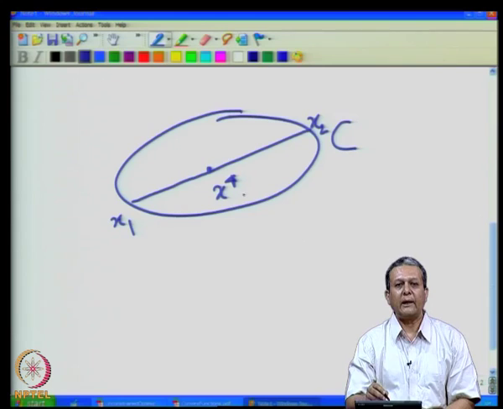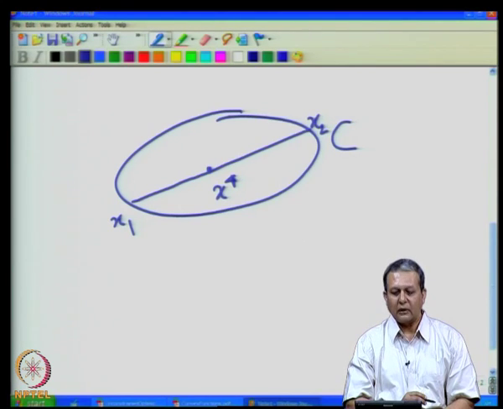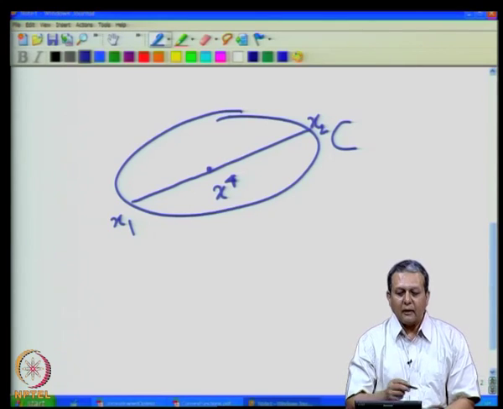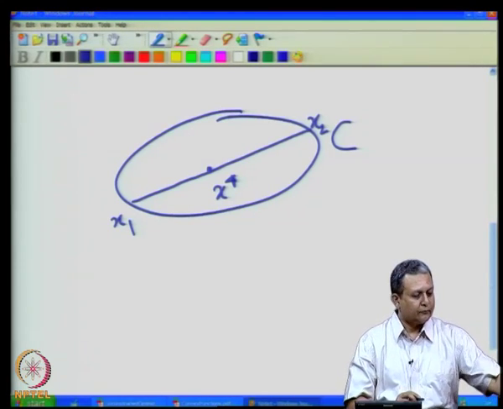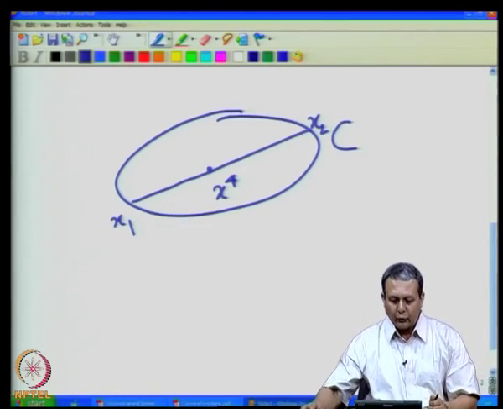So, that means that our claim that x star is the maximum point and f of x star is the maximum function value over the compact set C is not correct, and this claim will be derived based on the fact that f is a convex function. So, let us look at the proof of this.